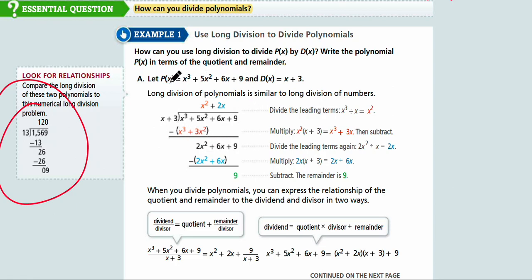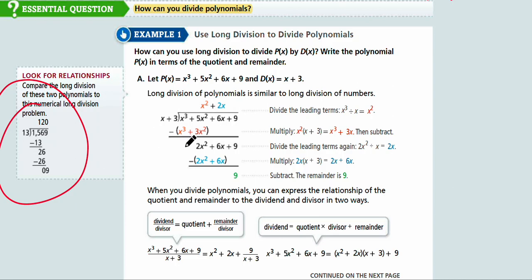So we're going to divide by x plus 3, but first you have to match the leading terms. So look at x and x cubed. You want to know how many x times x would give you x cubed. So we're not thinking about how many x would go into x cubed.